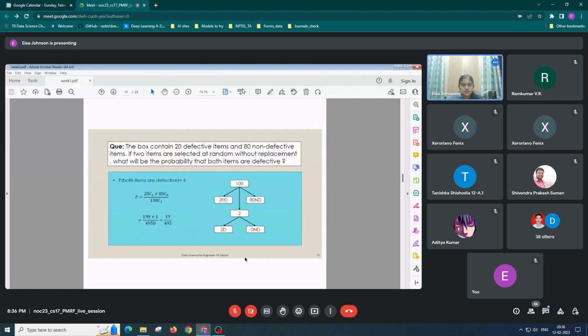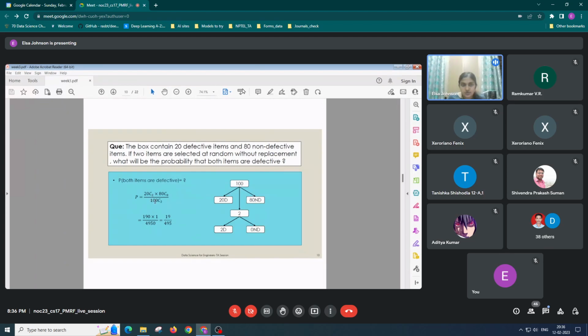So the next one: I have 20 defective items and 80 non-defective items, so the total sample space will be 100. If two items are selected at random without replacement, what will be the probability that both items are defective? So 100 is the total, 80 non-defective, 20 defective.